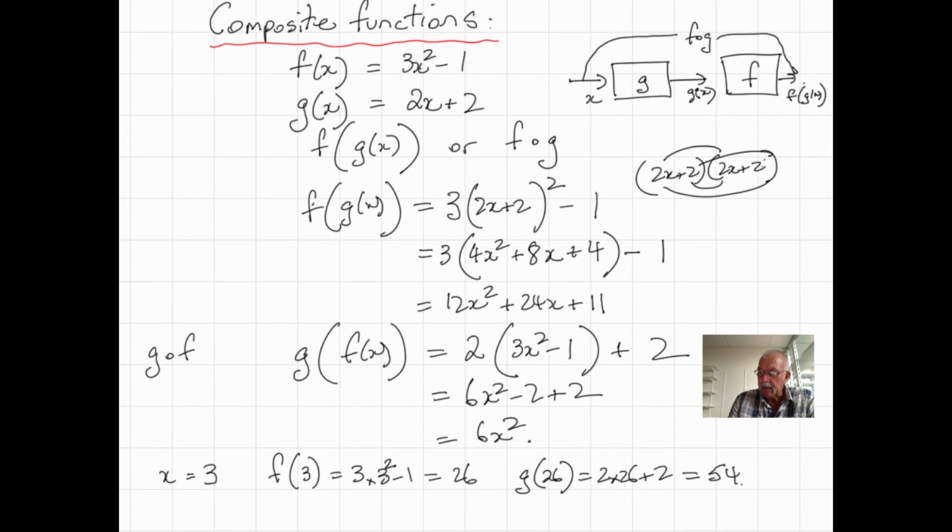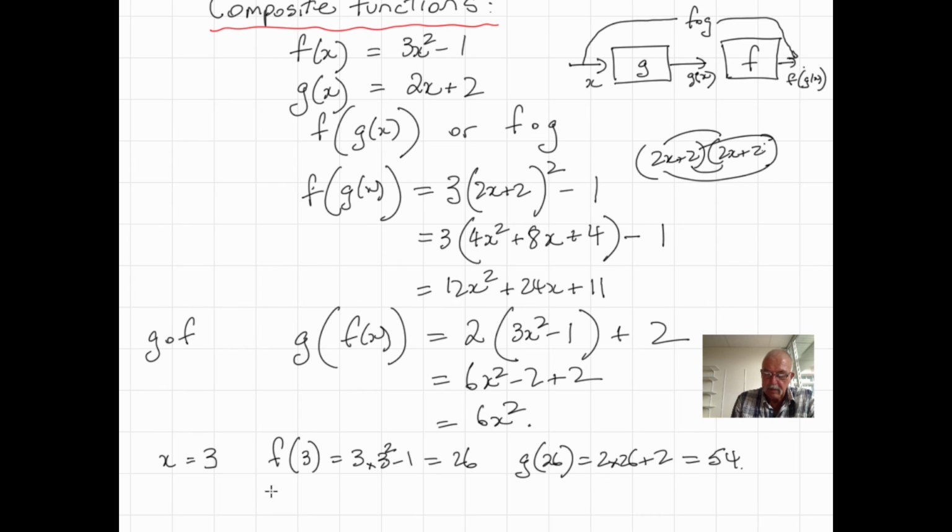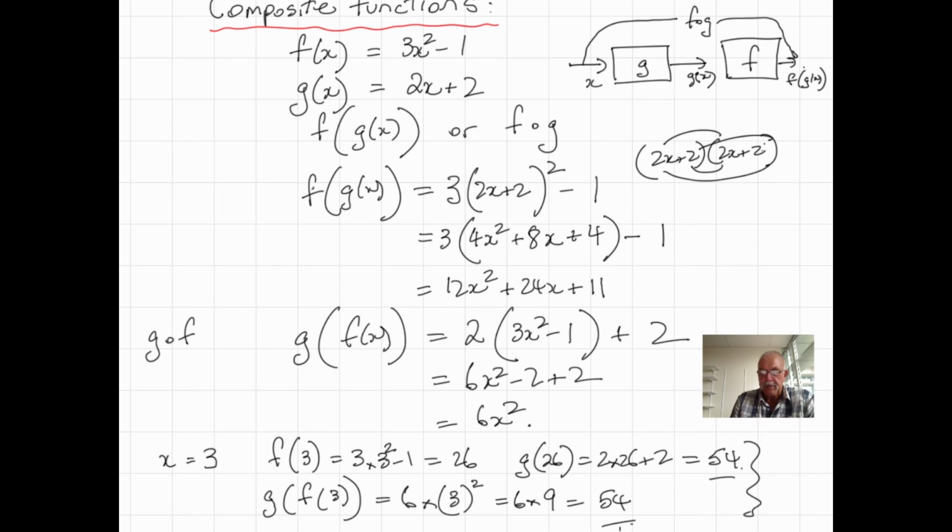So g of f of 3 will be equal to, here's my function, 6 times 3 squared, equals 6 times 9, which is equal to 54, which simply verifies that we get the same value.